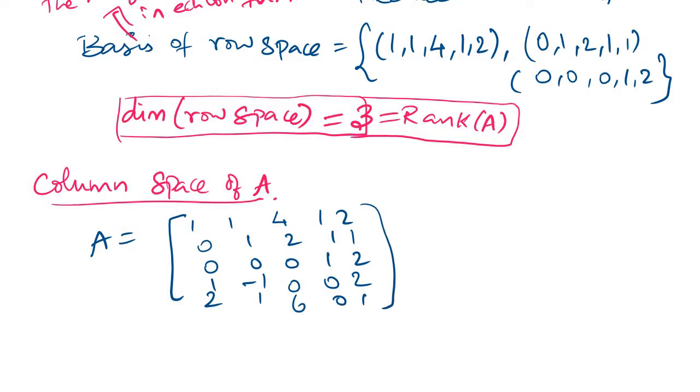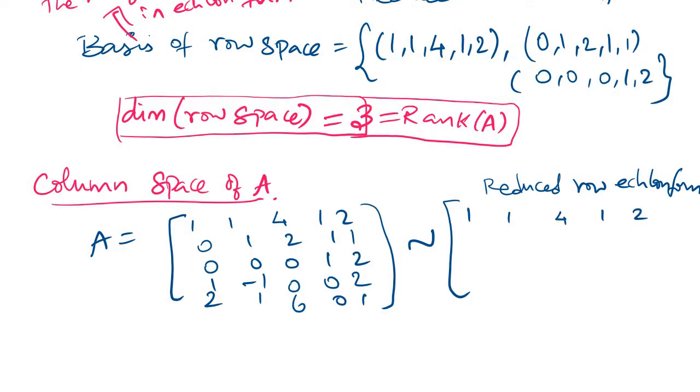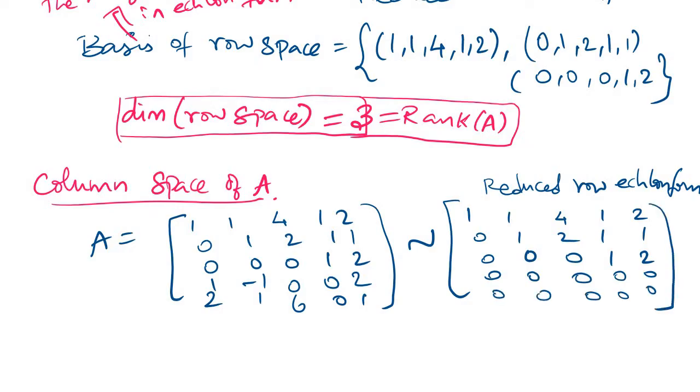This is the given matrix A and its reduced row echelon form. That is 1, 1, 4, 1, 2. Okay, this is the reduced row echelon form.